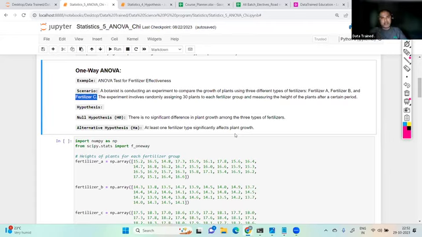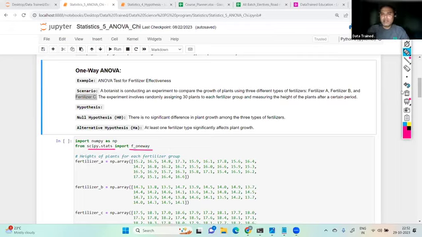Now we want to conduct a test. Yes, we are going to import scipy.stats. From scipy.stats we will import f_oneway, one-way ANOVA. F is the F score.